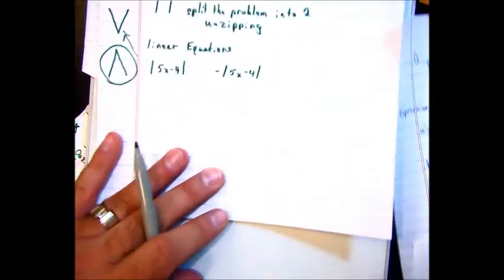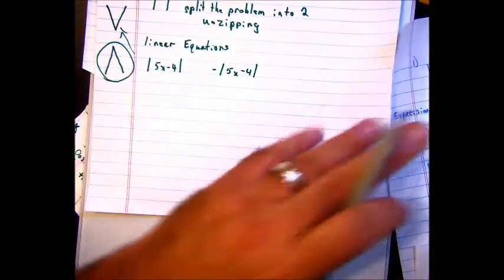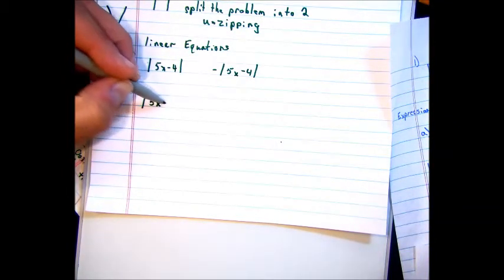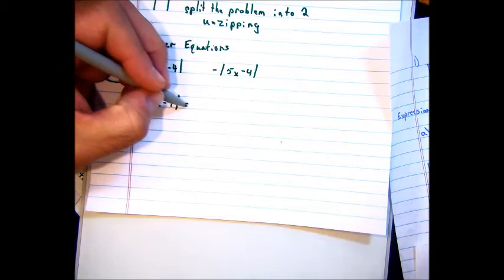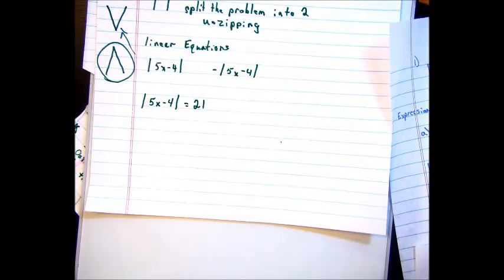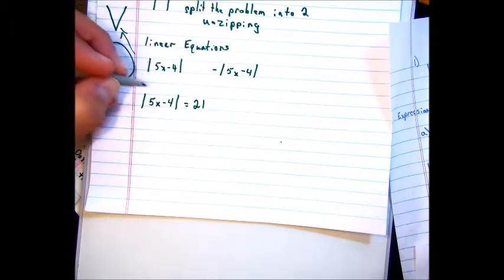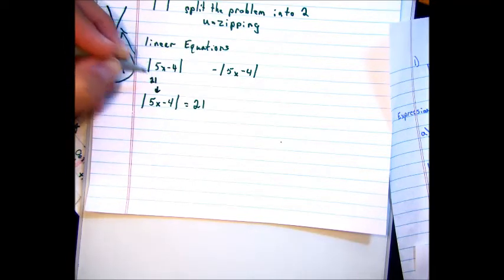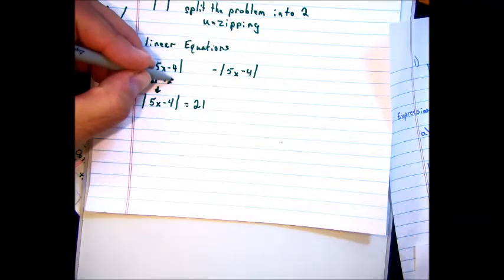Okay, so let's do the first type, the linear equation, and we'll do the absolute value of 5x minus 4 is equal to 21. In order to solve this problem, we treat it similar to a compound inequality, meaning we have to unzip this because the absolute value signs are telling me that the answer in here could have been positive 21 or negative 21.